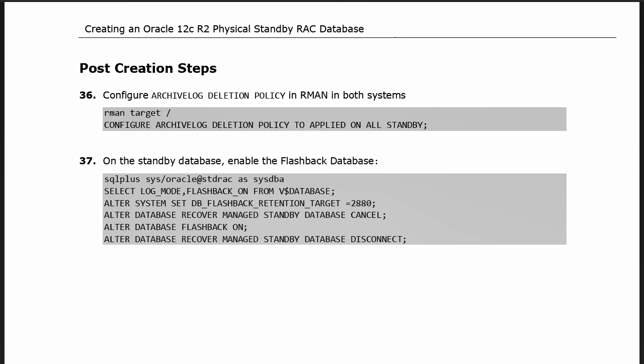Those are the steps that you normally do after you build up a standby database. First, you configure the archive deletion policy in RMAN. This is useful to disallow deleting any archived redo log files until they are shipped to the standby instances.